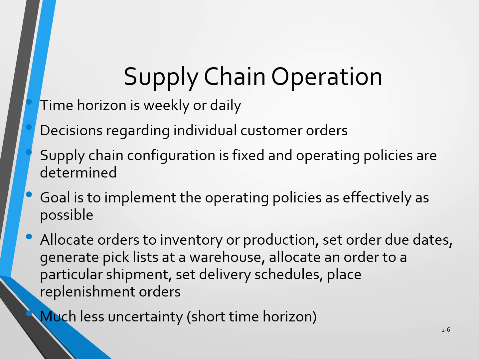It allocates orders to inventory or production, sets order due dates, generates pick lists at a warehouse, allocates an order to a particular shipment, sets delivery schedules, and places replenishment orders. Here the uncertainty is very low because it is a very short time duration, right? Within a weekly plan or daily plan, there are no complications.